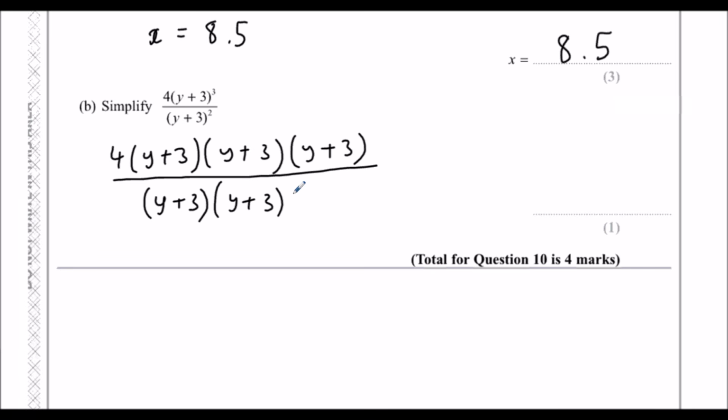So as long as you divide or times top and bottom by the same thing, you can change a fraction. So if we divide top and bottom by y plus 3 and then divide by y plus 3 again, we're just left with 4 times y plus 3.